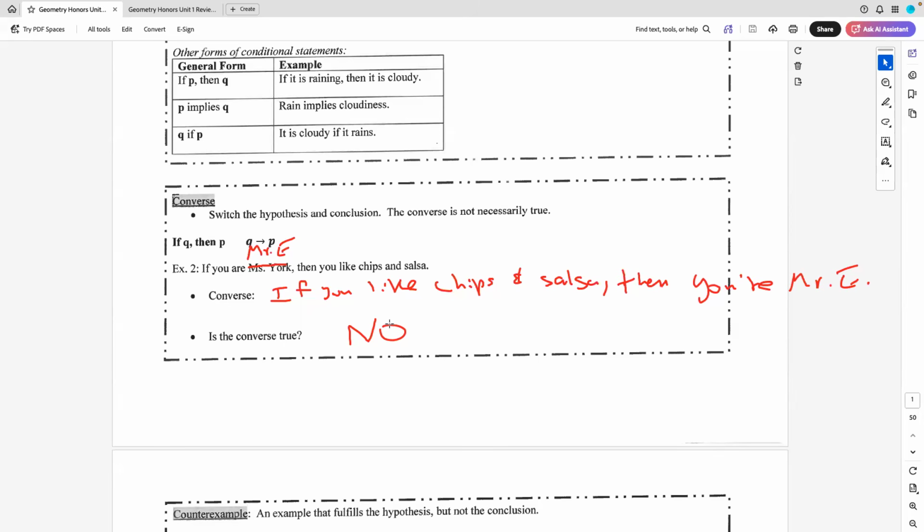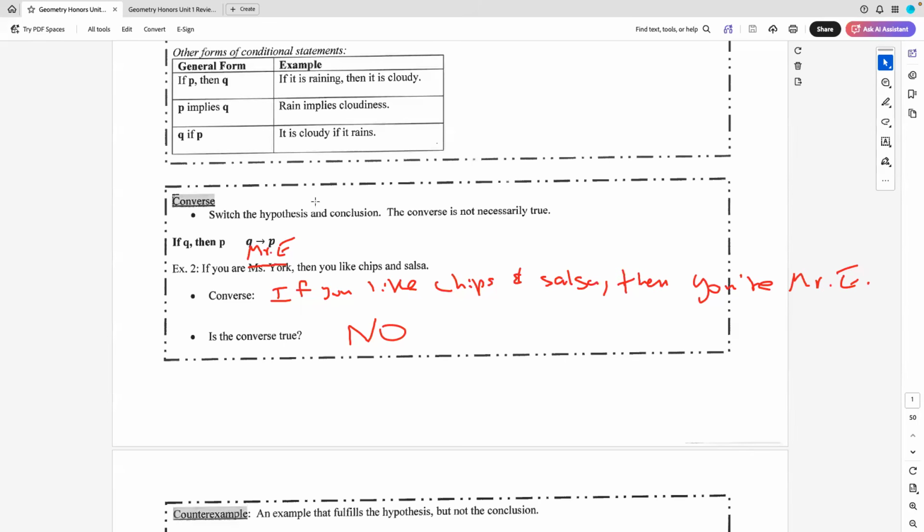Let's reverse it. If you're a San Mateo County resident, you live in Atherton? That's not true, because you could be in Redwood City, San Mateo, Burlingame, or Portola. No, Portola Valley is actually Santa Clara County. But you could be in a lot of different areas. Menlo Park is also San Mateo County. So that's not necessarily true. Keep that in mind.